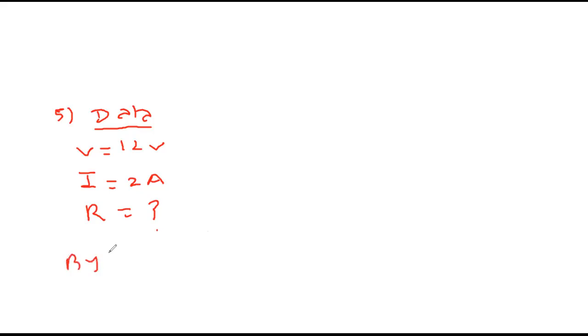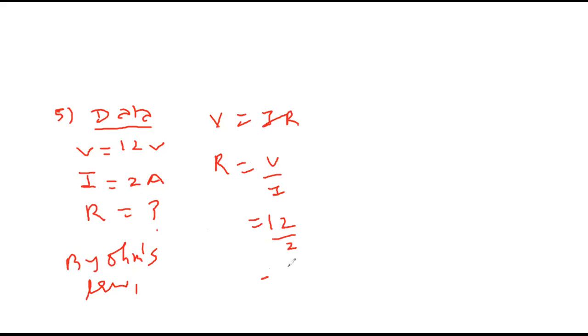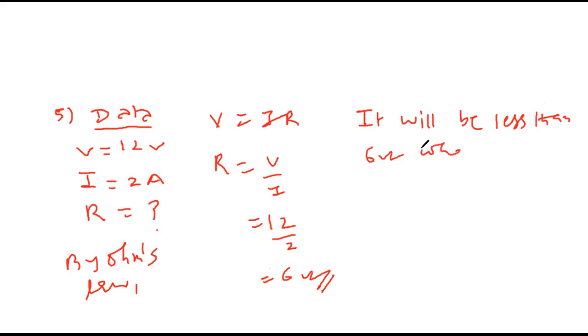By Ohm's law, V equals IR, so R is V upon I, which is 12 upon 2 equals 6 ohm. It will be less than 6 ohm when the bulb is not glowing. This is the answer of the fifth one. Copy the fifth properly.